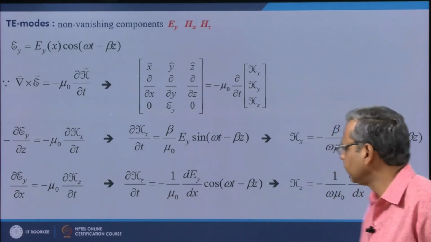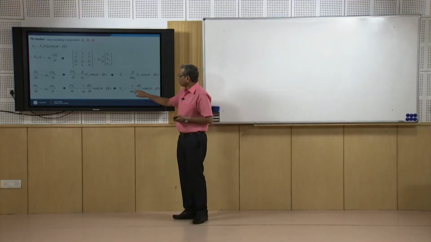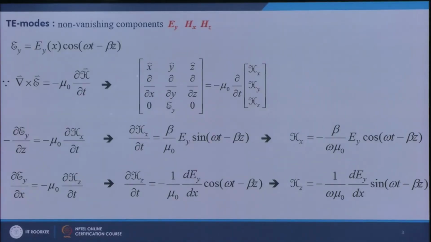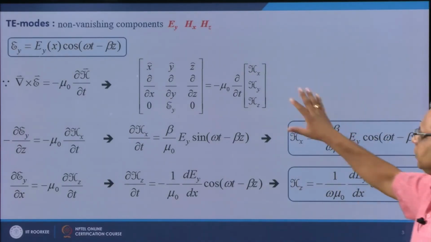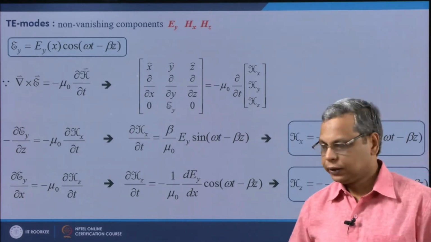Integrating it over time will give me Hz, which comes out to be minus 1 over omega mu naught dEy over dx sin omega t minus beta z. So, I have all the three components in place corresponding to TE modes. So, now we are ready to calculate the Poynting vector.